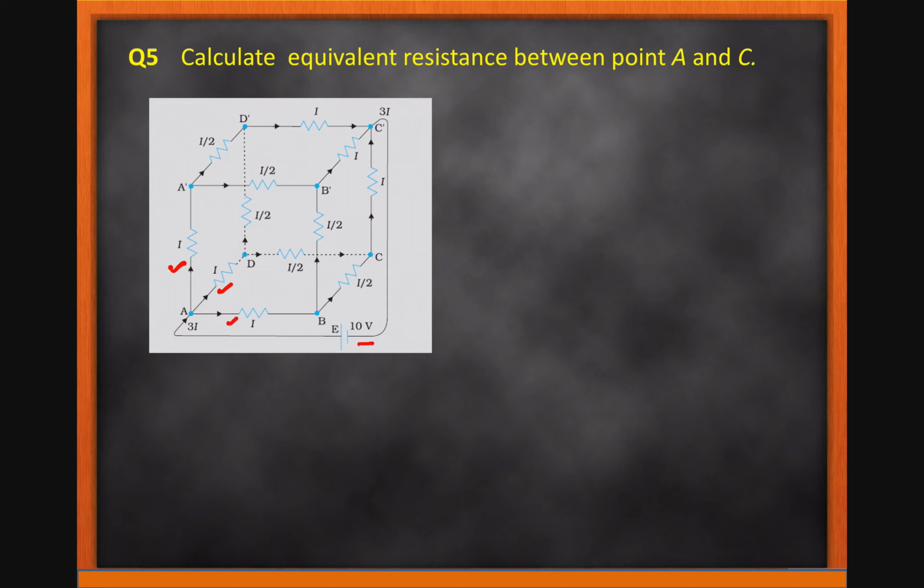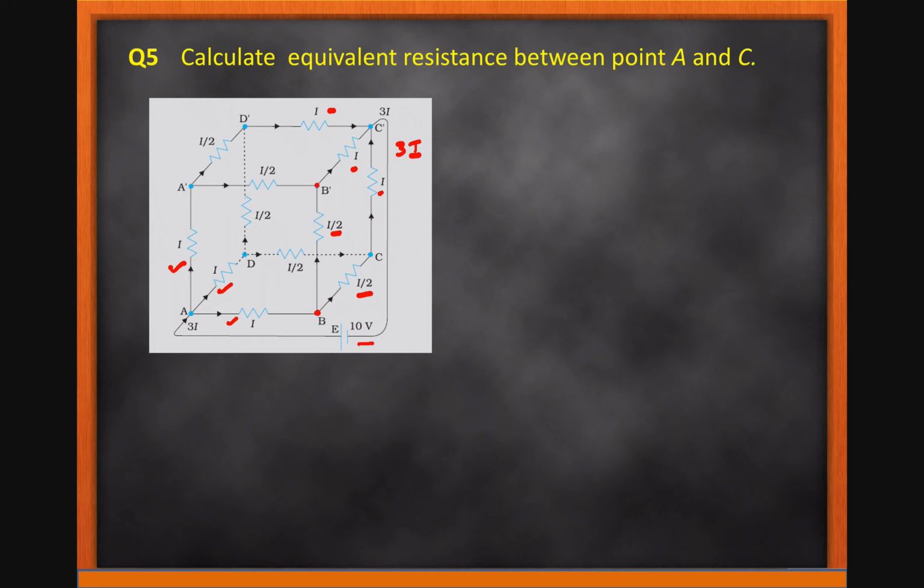So that's why 3I will divide equally into I and I. At this point again it will divide into 2 equal parts, I by 2 and I by 2. At this part, I by 2 comes from this side, I by 2 from this side, it becomes I. So I and I again becomes 3I.